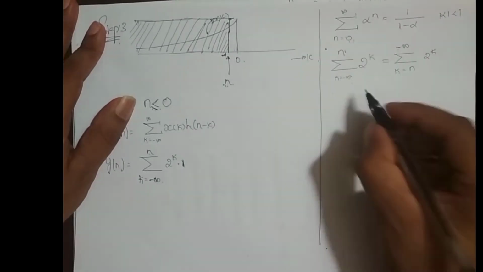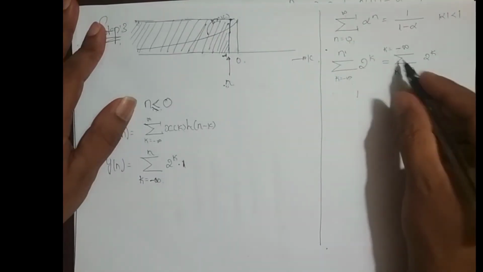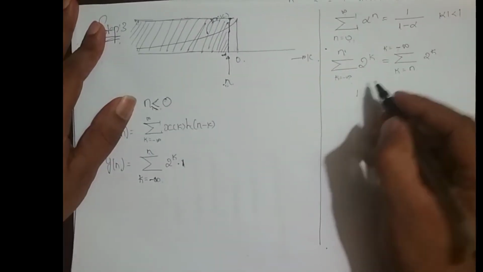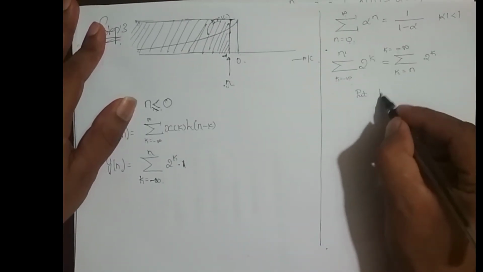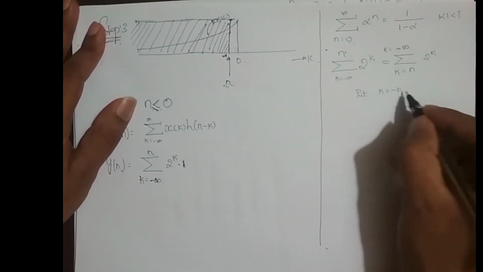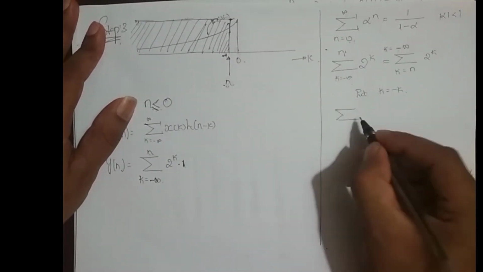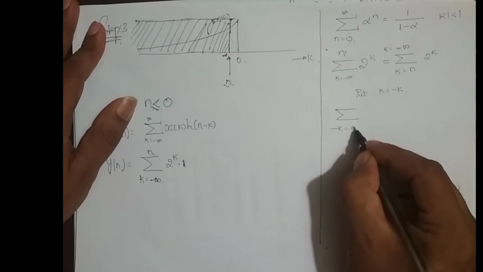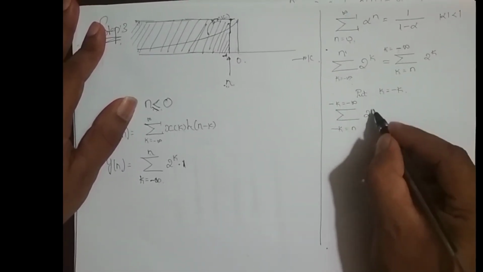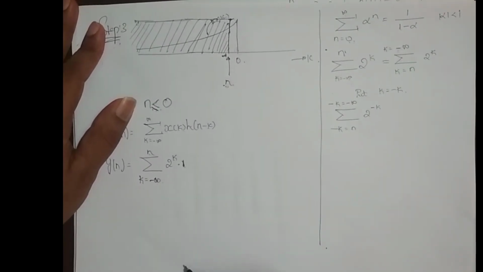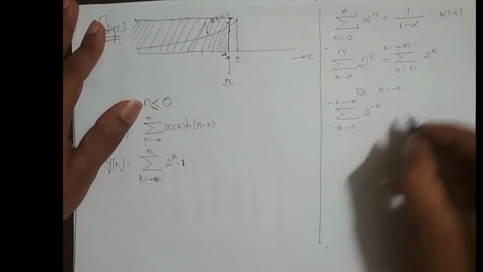So for that, this is actually k, right? So k is varying from n to minus infinity. In order to bring this minus infinity to plus infinity, I'll put k is equal to minus k in this summation. So what do I get? Summation minus k equal to n to minus k equal to minus infinity, 2 power minus k. Fine. So now I'll write it in terms of k. So what happens?